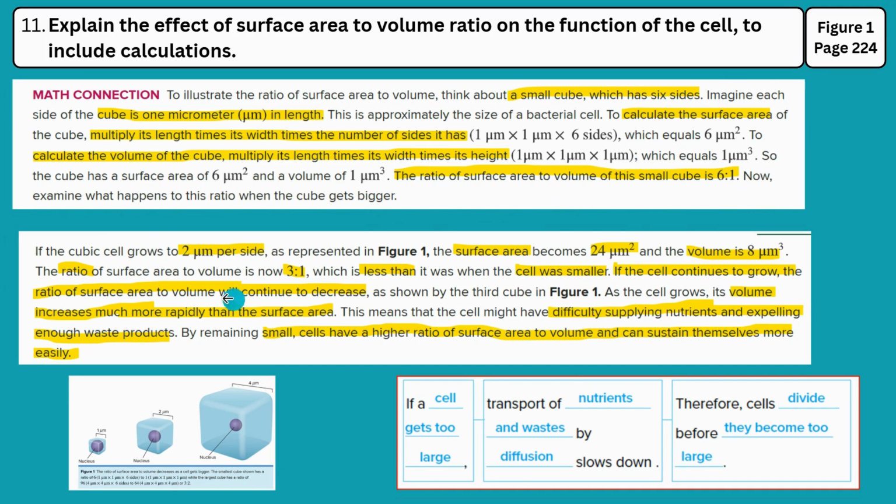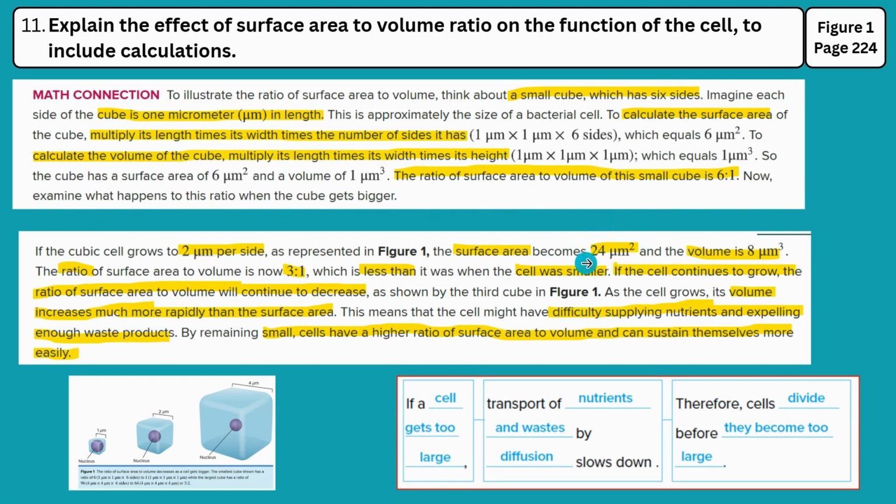Supposing the cube cell grows to 2 micrometer, what would happen? Then we would have a surface area of 24. How did we get 24 micrometer square? Because 6 times 2 times 2. 2 times 2 is 4 and 6 times 4 is 24.